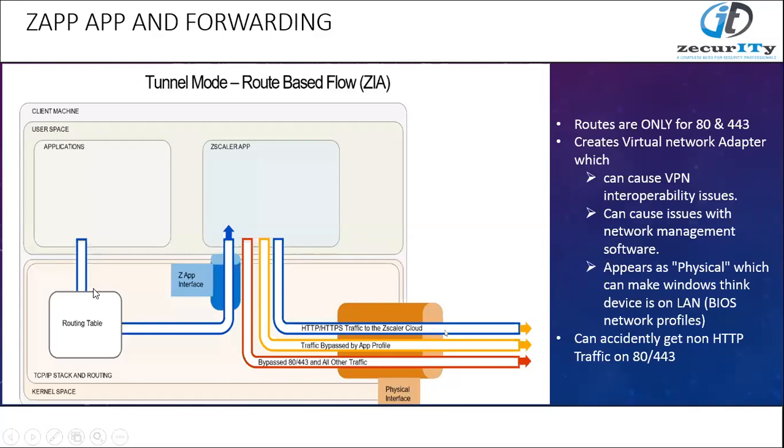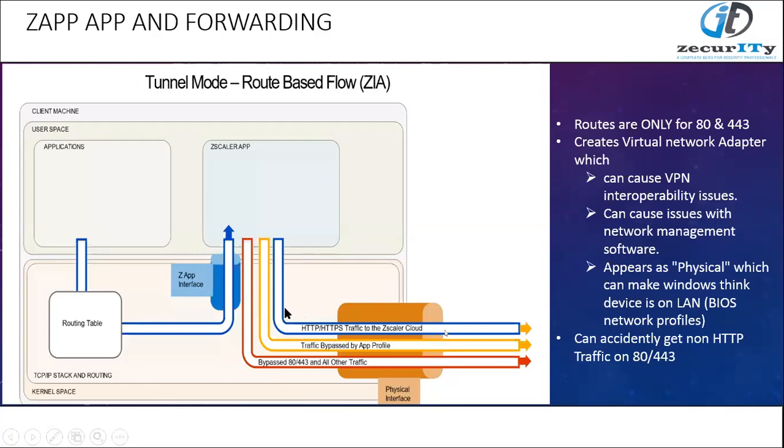A routing table will be created and ZApp virtual interfaces will be configured on the end user machine. So all the traffic, based on the routing table, hits the Zscaler app. Once the traffic hits the Zscaler app, if there are any exceptions, all other traffic will be bypassed from the Zscaler app. So if there are any app profile exceptions, those will be bypassed from the Zscaler app.